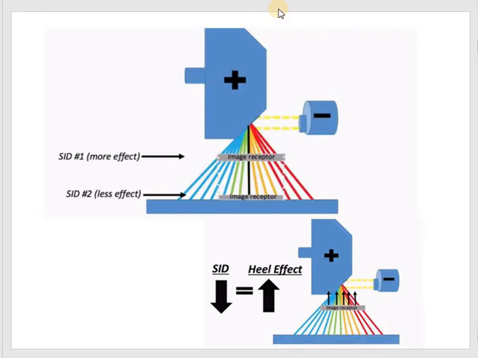One of them that I've explained earlier is patient positioning. For example, when imaging a foot, the thicker part is where the ankle is. The ankle is positioned towards the cathode side, and the toes with thinner subject should be positioned towards the anode side.